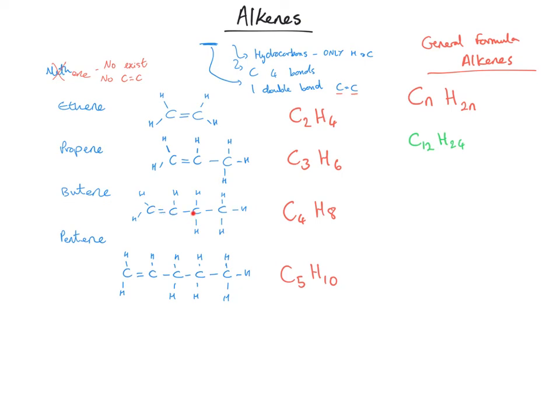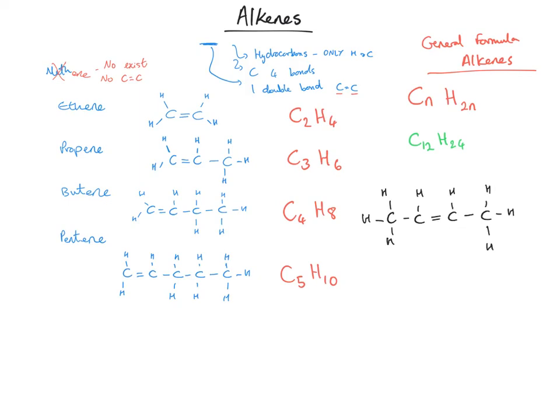But actually, the double bond could be between the second and the third, as long as I'm following this rule that I've only got one of them. So I could have this carbon, carbon, carbon, carbon. I've got 4 carbons, so it's still but. It's an ene because it's got one double bond. Now this carbon will have to have 3 hydrogens around it. This carbon will only have 1. This carbon will have 1. This carbon will have 3.